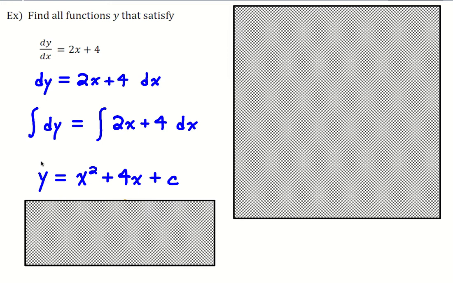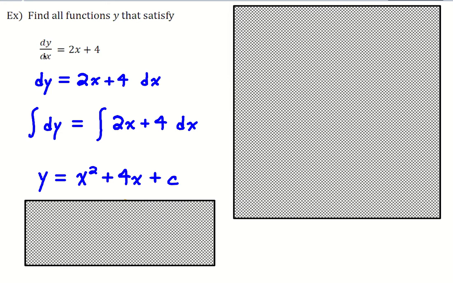Such an easy mistake to make. So the integral of dy is just y, and the integral of 2x plus 4 with respect to x is x squared plus 4x plus c. Just a quick recap, because that wasn't the smoothest of rides. You're given an equation with dy dx in it, and you want to take it back to figuring out all the functions y that satisfy it.